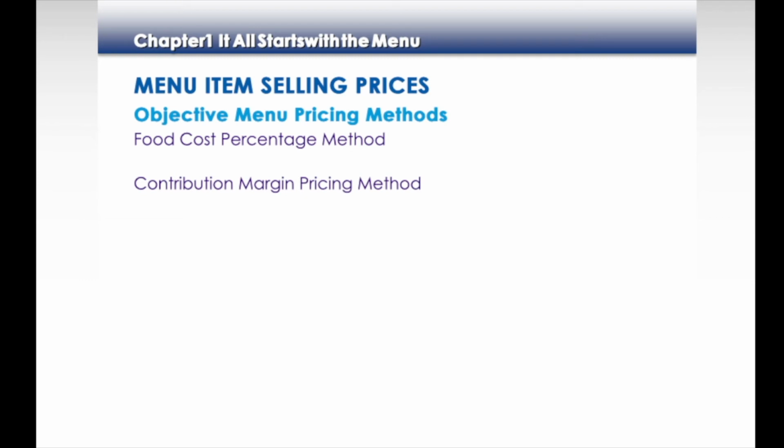So for instance, let's say we receive $1 for that item. Let's keep it simple. And for every dollar we receive, we pay out 30 cents for that item. So we take $1 minus 30 cents, and that tells us that 70 cents of that item is contribution margin.